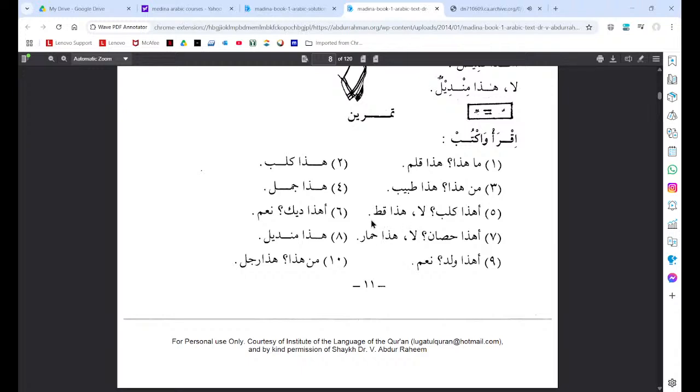No, this is a cat. أهذا ديك؟ Is this a rooster? نعم. أهذا حصان؟ Is this a horse? لا هذا حمار. No, this is a donkey. هذا منديل. This is a handkerchief.